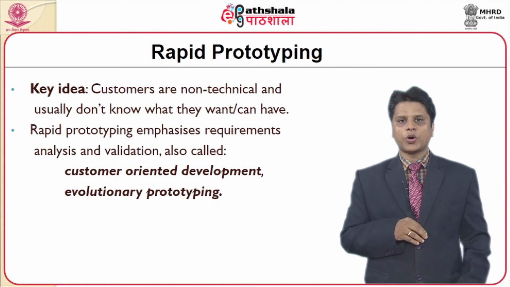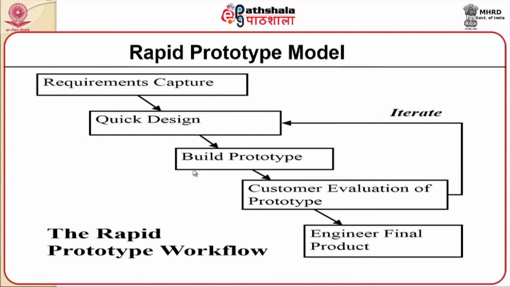So this is also called an evolutionary prototyping model. The model would appear something like this, and this is a rapid prototype workflow where I capture all the requirements from my customers or my clients. I understand the complete set of requirements, but then as a next stage, when you compare with the previous model, we would have gone for analysis and specification, we would have gone for design.